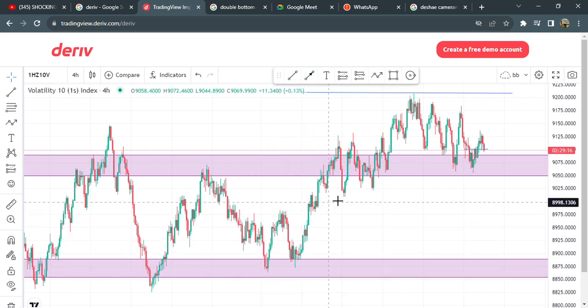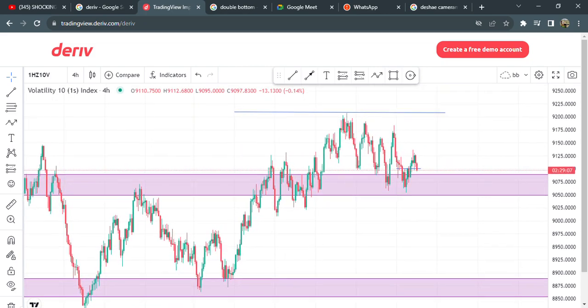Again, as I told you, you can see here the resistance zone which has formed here. So I'll be expecting this market to go down to test this zone, which is now our supply zone here, and then to go up.